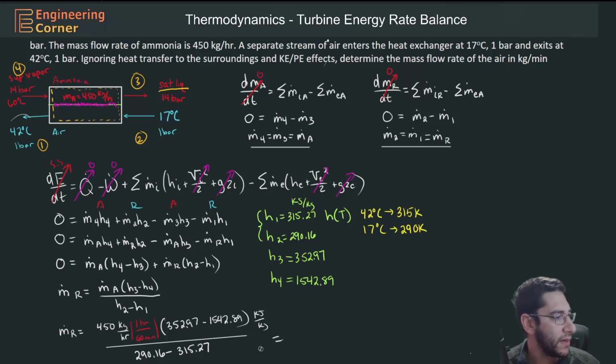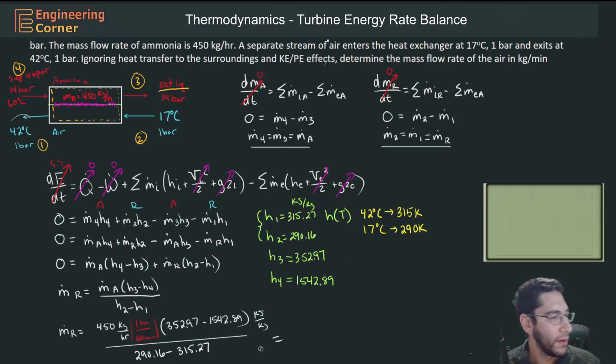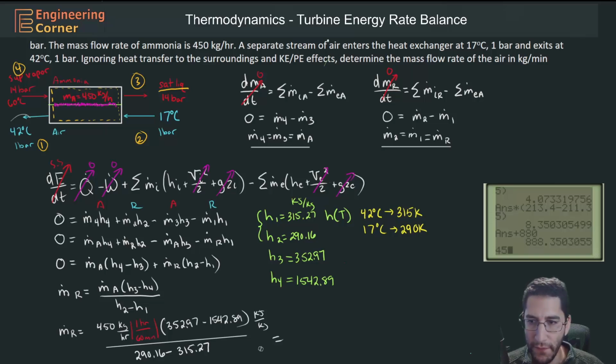In our calculator, we're going to have 450 divided by 60 times the first difference, and then divided by the other difference.